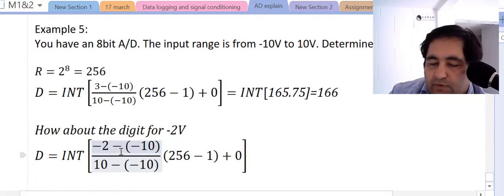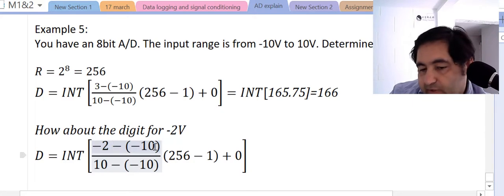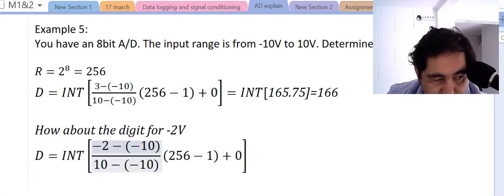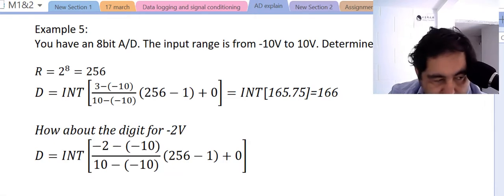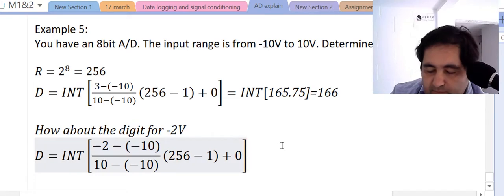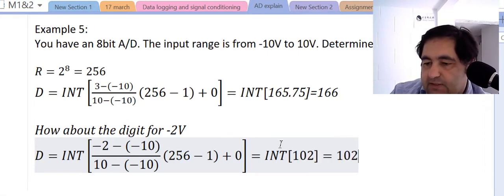Minus 2 volt minus minus 10 volt, which is going to be 8 volt, 8 by 20 times 255, so it is going to be 102. Integer of 102, and we know that integer of 102 again is 102, as we have that here.